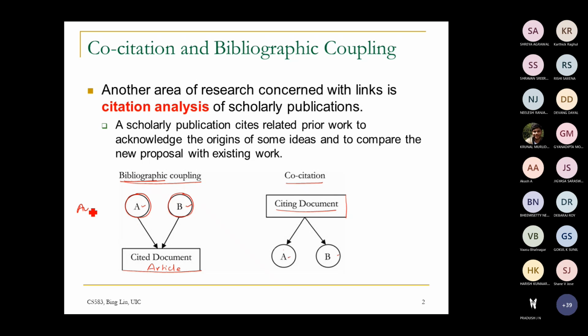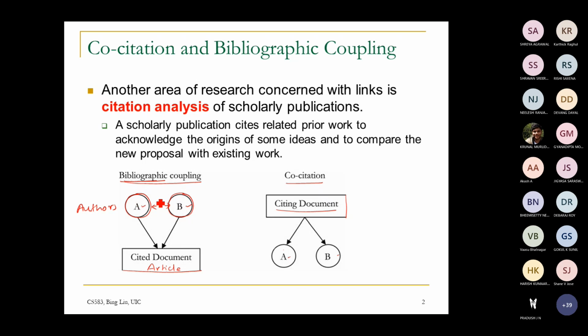There are two different authors, and these authors are referred to in this document. That is bibliographic coupling, which means these two authors have written similar types of research articles.